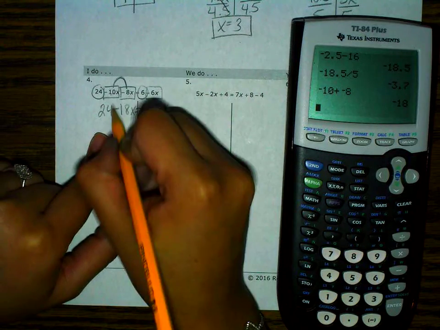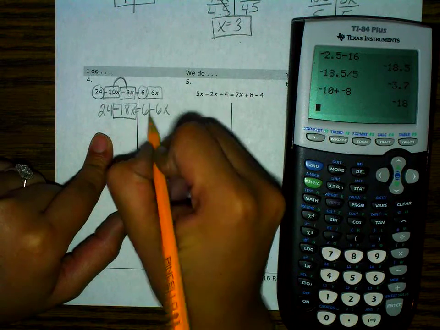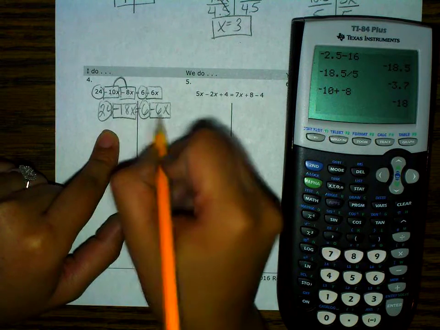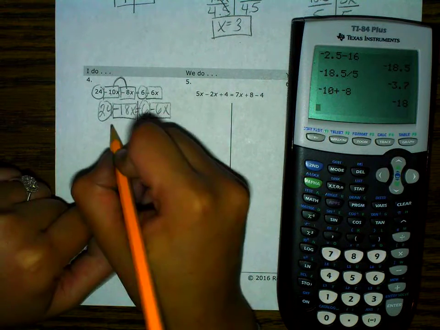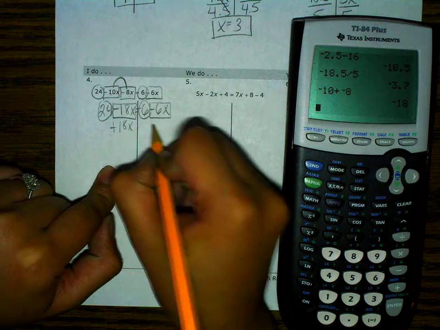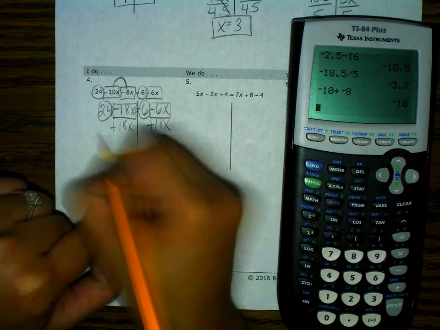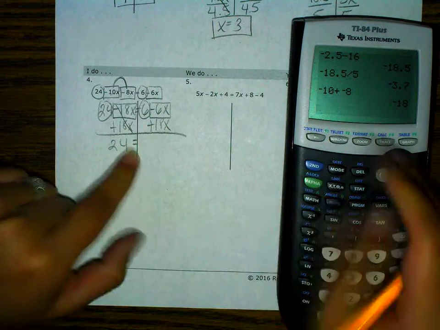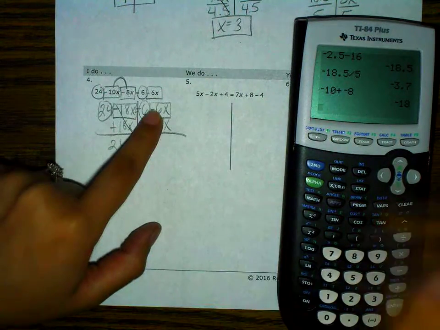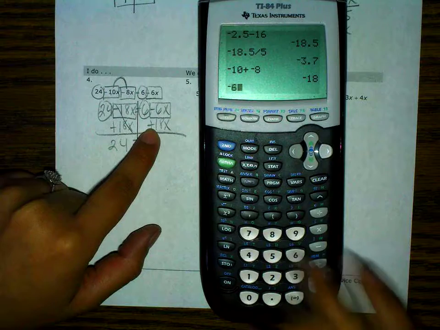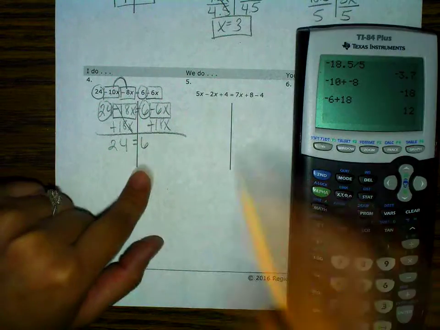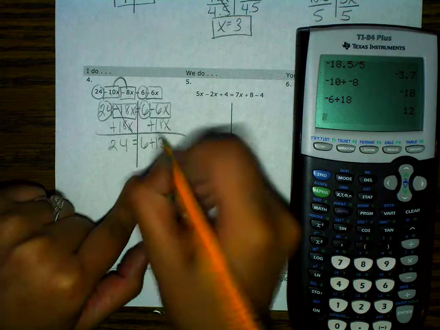So now we have box, box here, circle, circle. So we're going to start doing the same process that we've done before, which is I'm going to take positive 18x, positive 18x. So that goes away, leaving me 24 equals 6, and I'm going to say -6 plus 18, enter, 12. So positive 12x.